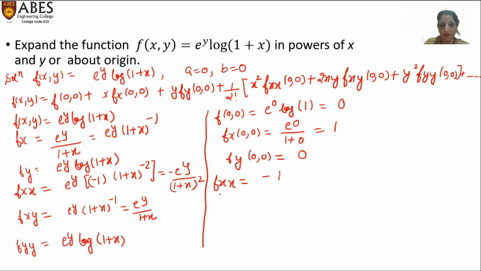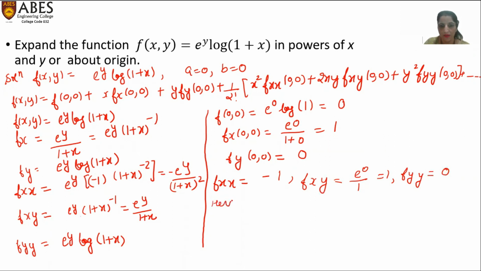The f_xy is again e raised to power 0 upon 1, which is 1, and the double derivative with respect to y is 0 because of log.